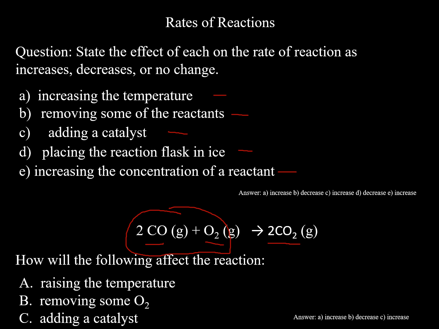This will increase the reaction rate. If we remove some O2, there's less chance of the reactants coming together with the proper orientation. So this will decrease, and adding a catalyst again will lower the activation energy barrier and therefore increase the reaction rate.